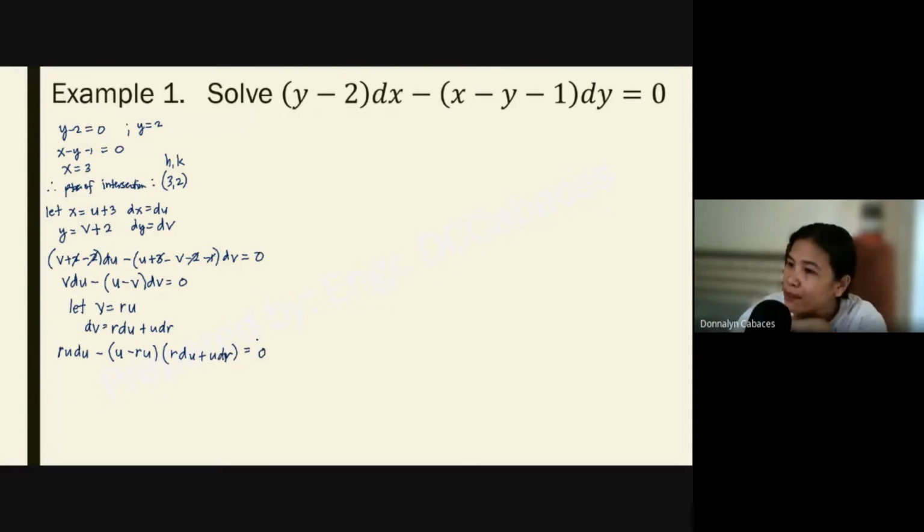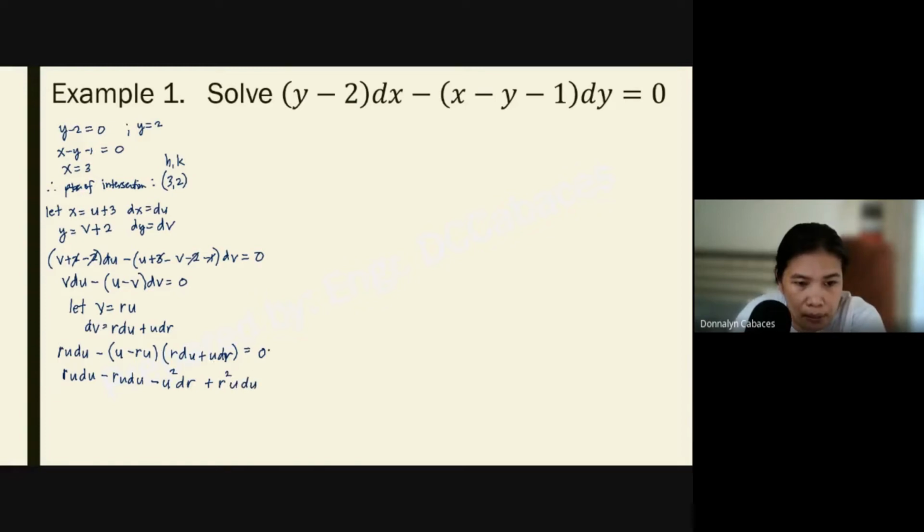Okay? And then we simplify the differential equation. You have here ru du minus u times r du, which is ru du. Then u times u dr, with the negative, so minus u squared dr. Then plus r squared u du.